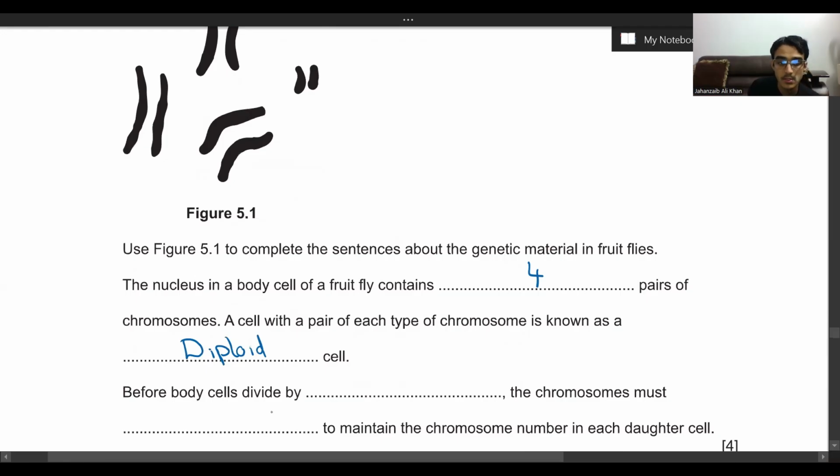Before the body cells divide by mitosis, the chromosomes must replicate to maintain the chromosome number in each daughter cell. They must make copies of themselves.